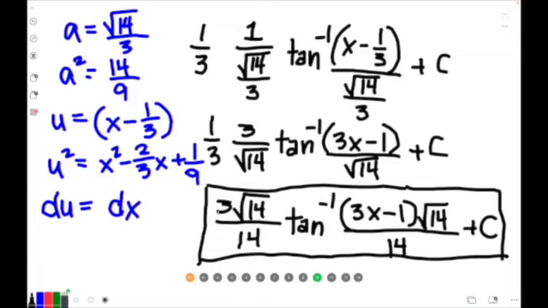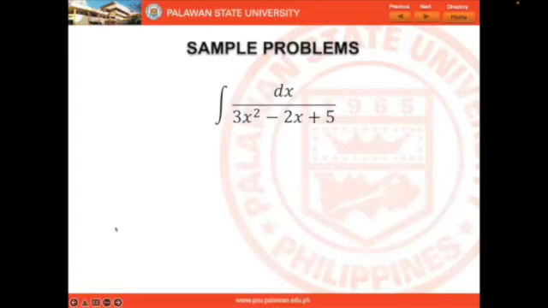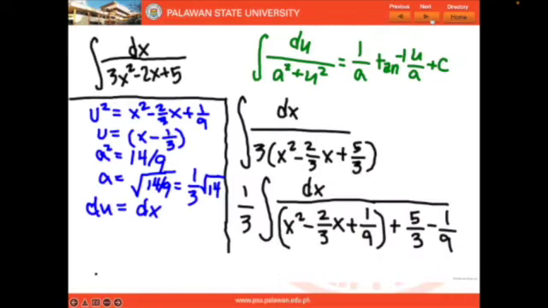So I'm sorry about that. Please be very careful about the constants that we are leaving out of our integral. So in the end, you should be able to include them in your answer. Okay, so I think this is problem number 8, and we are down to our last example.